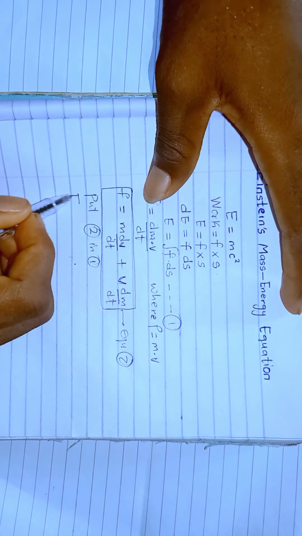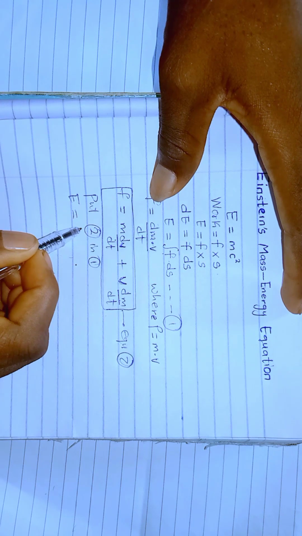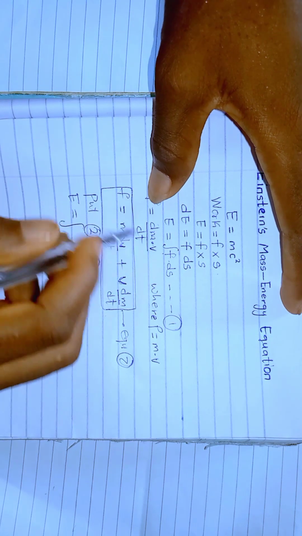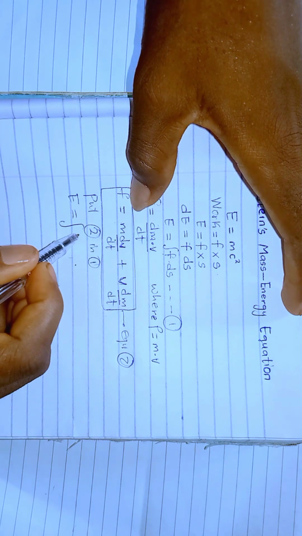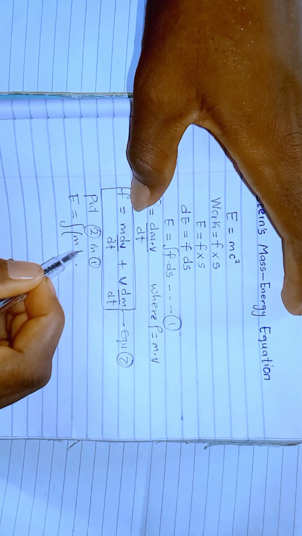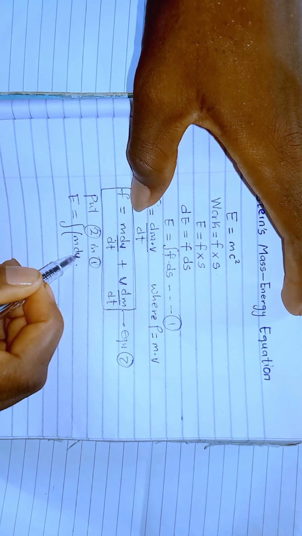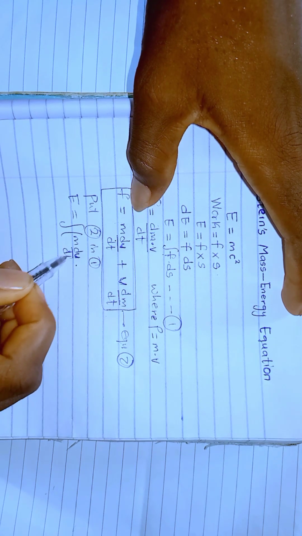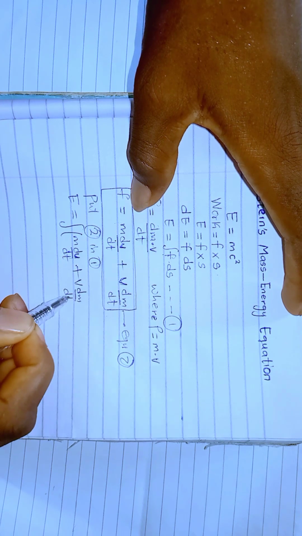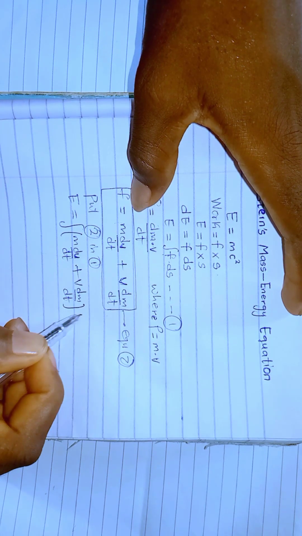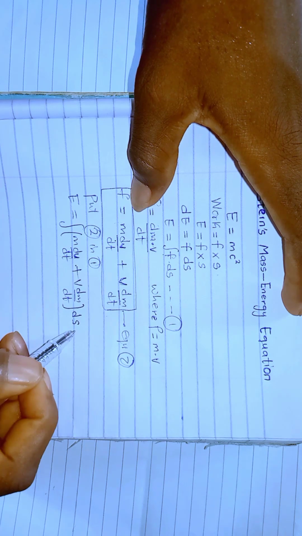E should be equal to the integral of, in place of force, we substitute this whole thing, mass dv/dt plus v dm/dt, with respect to the distance traveled.